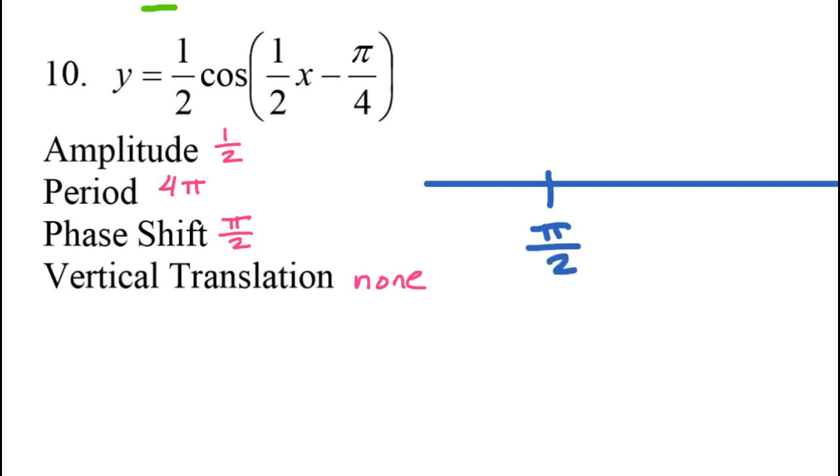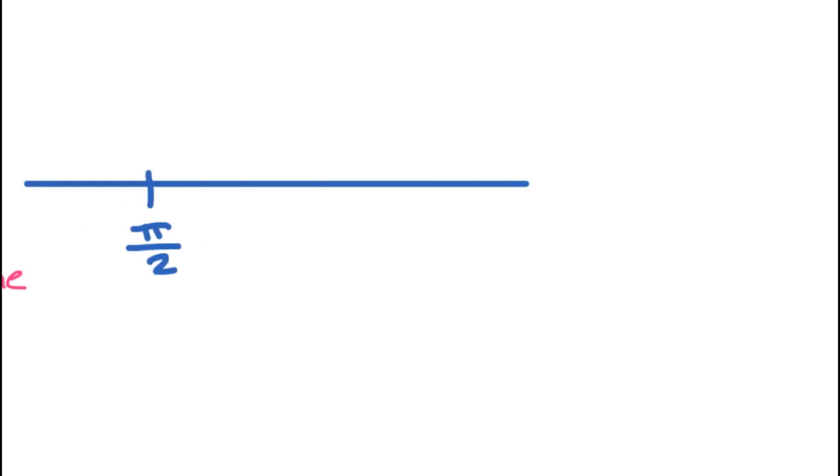Now I need to put 4 additional marks on the x-axis. So I think I'm going to stretch this out a little longer. So 1, 2, 3, 4. So this will be one period of this function.